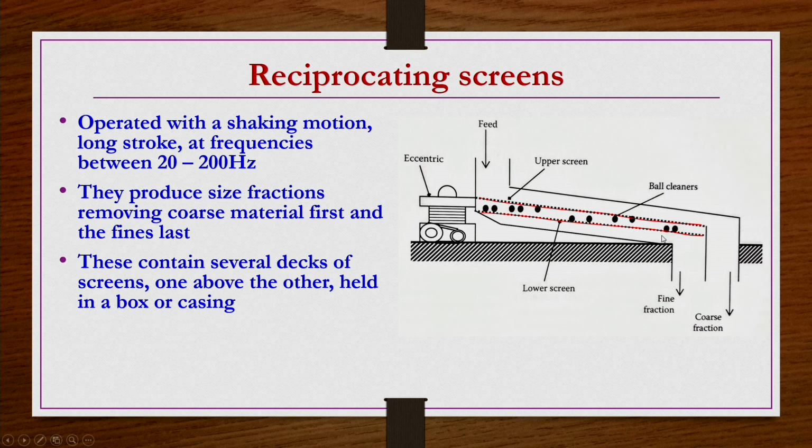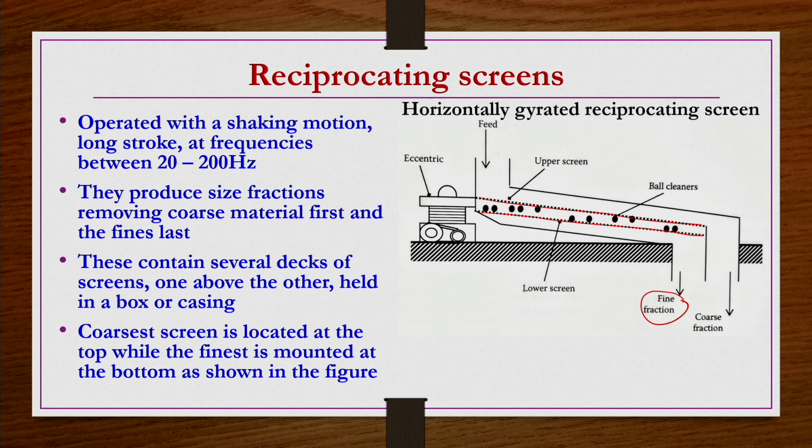Otherwise, if you have only two screens, you may have a coarse fraction coming at the top and coming first, whereas after passing these screens the fine fraction is coming from the bottom like a last product. So, the coarsest screen is located at the top while the finest is mounted at the bottom as shown in the figure, as I already mentioned here.